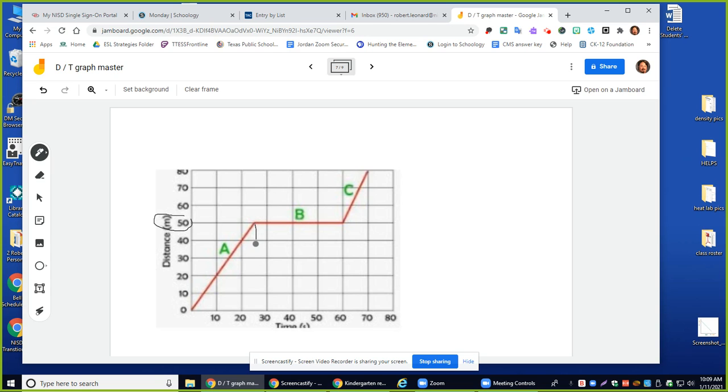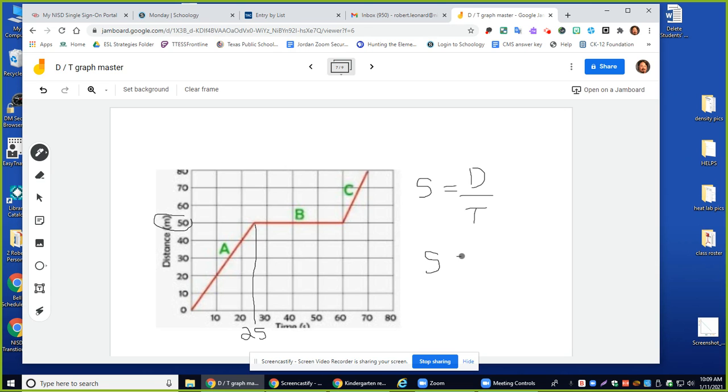And then right here, what's halfway between 20 and 30? 25. Okay. So, knowing that, can we calculate speed? The answer is yes, because speed is equal to distance divided by time.